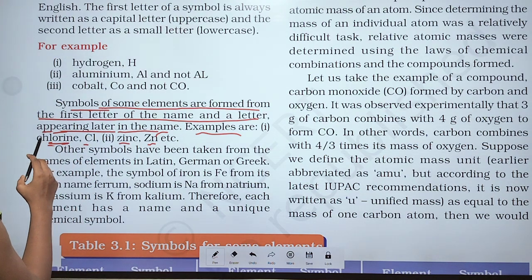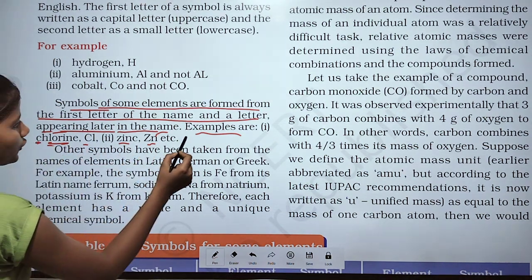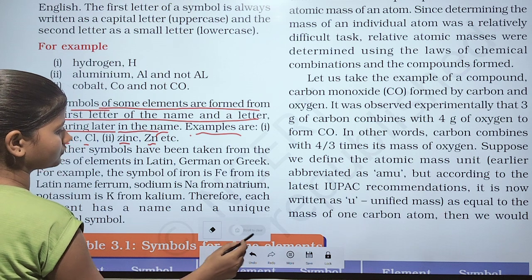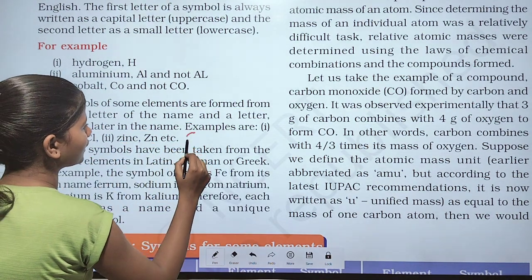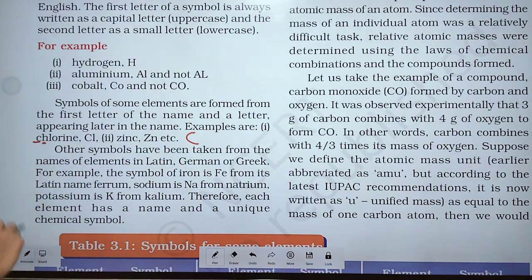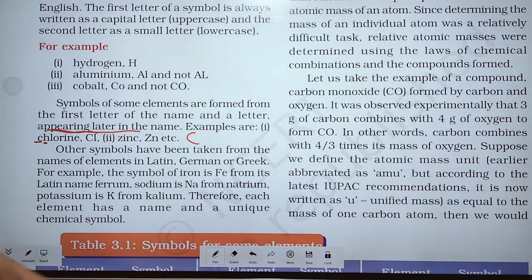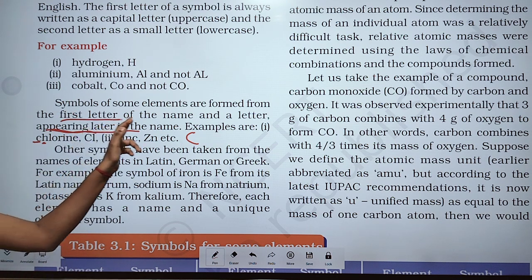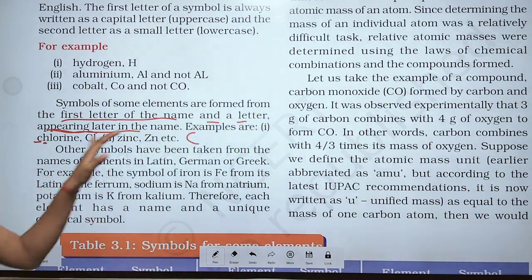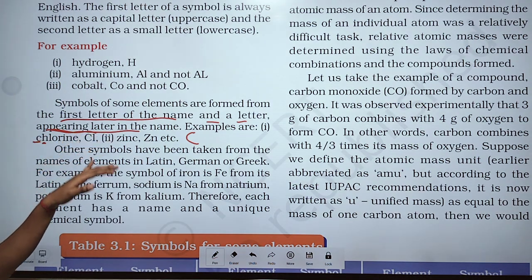Like chlorine, the first letter is C, and the second letter is H. But in some elements, the symbol is formed from the first letter of the name and a letter appearing later in the name.